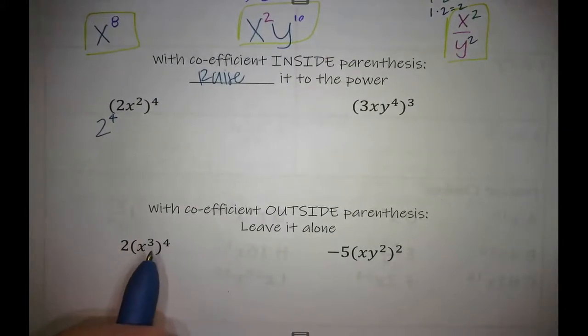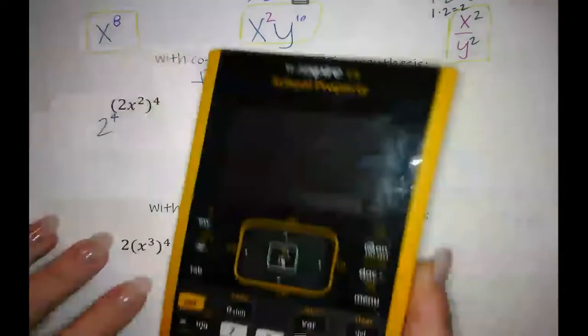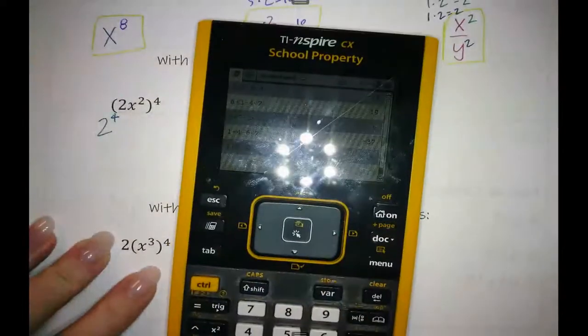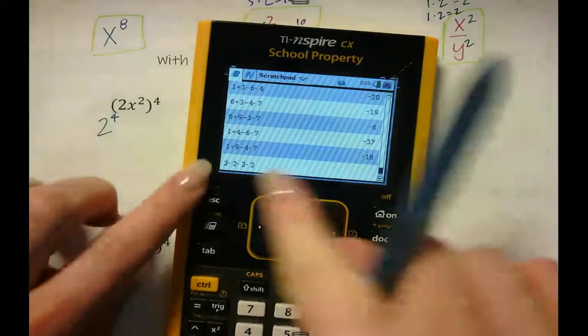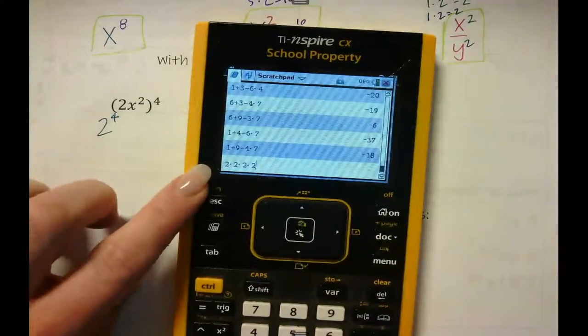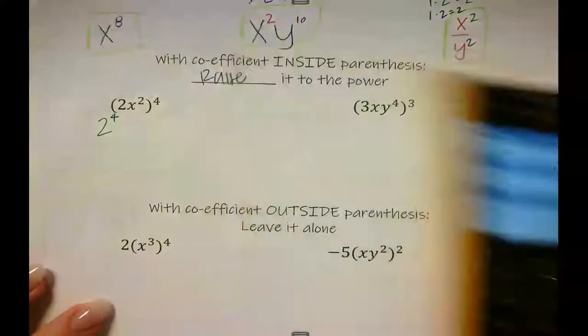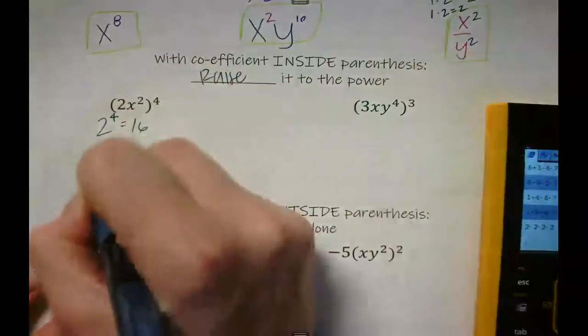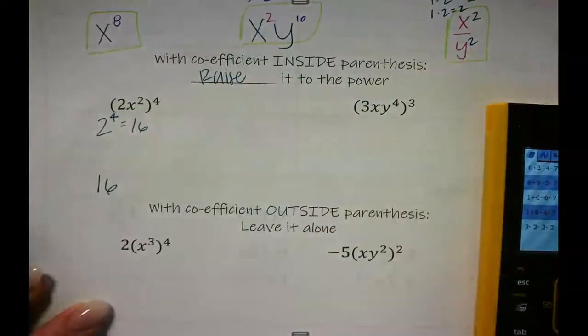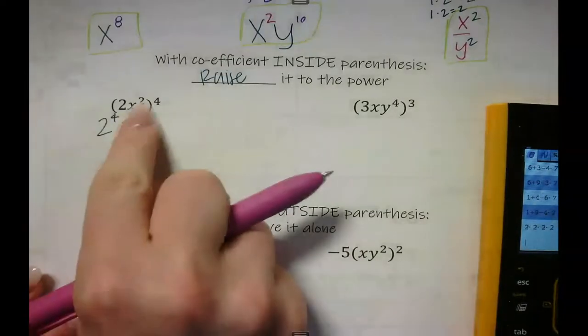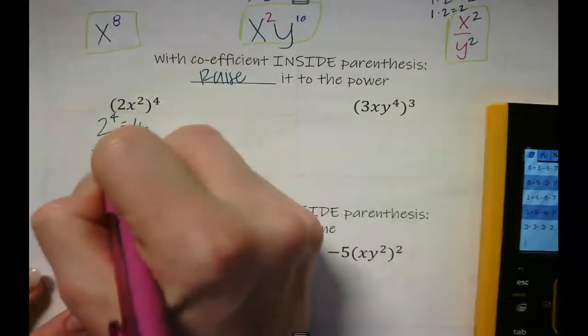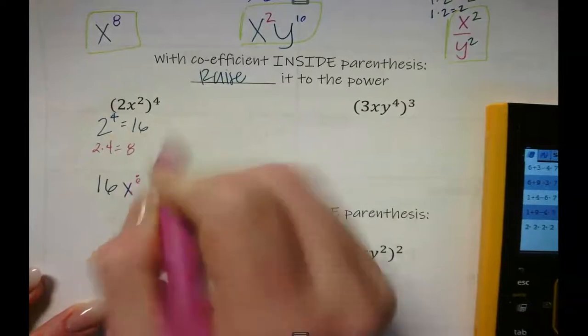Remember, 2 to the 4th is 2 times 2 times 2 times 2. I've got four 2's multiplying, and that's 16. So then 16, and I have an x. X is raised to the 2, so 2 times 4 is 8. That's an x to the 8.